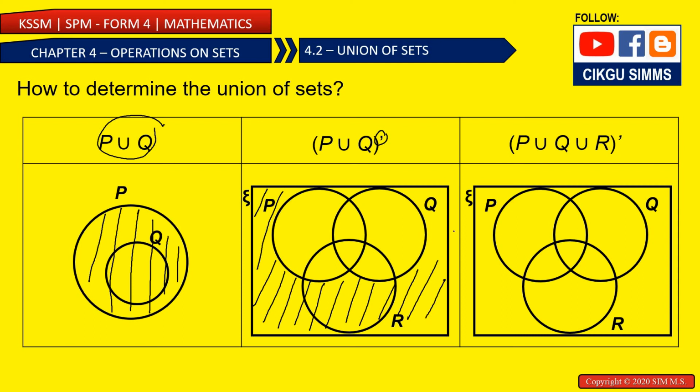And then P union Q union R complement. P union Q union R is this part, and then complement, so it's outside.